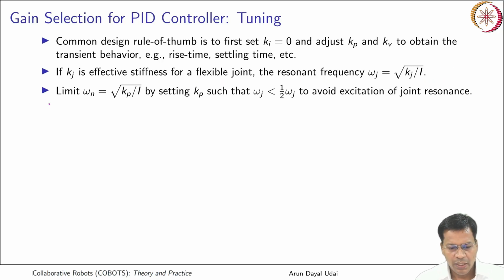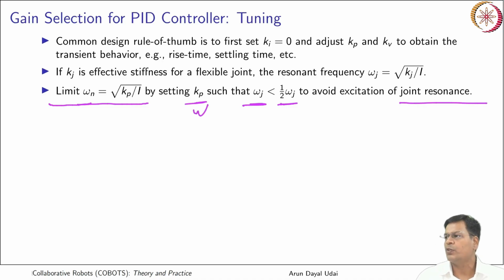So limit omega n by setting the Kp value such that omega n is less than half of omega j, to avoid excitation of joint resonance. You have to adjust the Kp value such that you do not get a system which is resonant with the system frequency also.